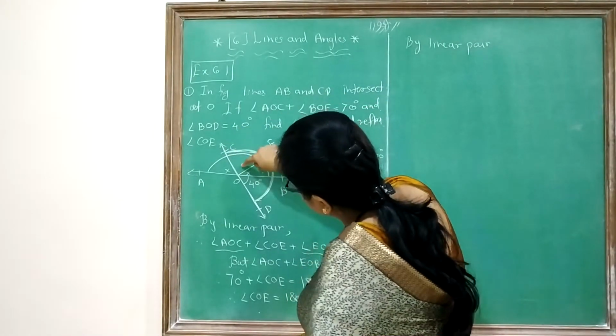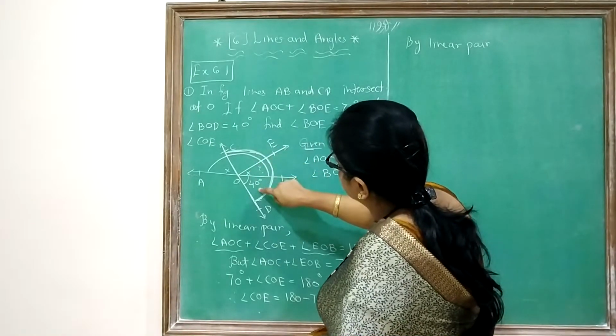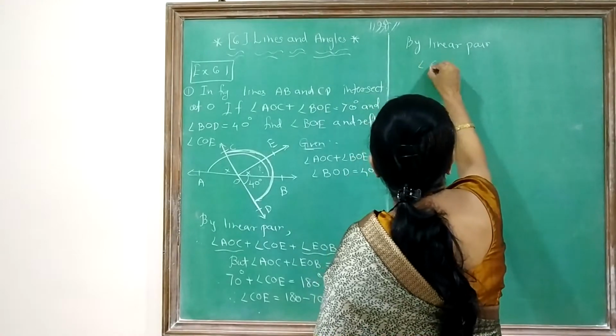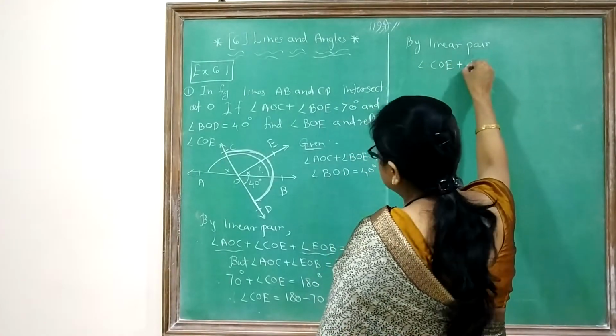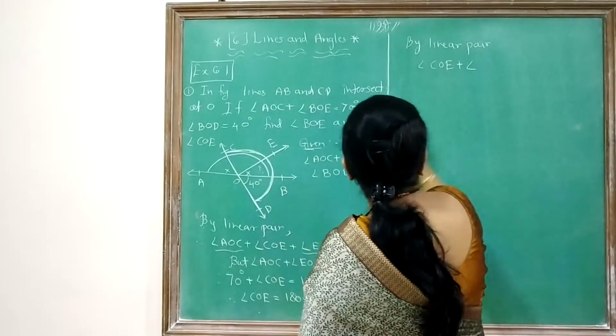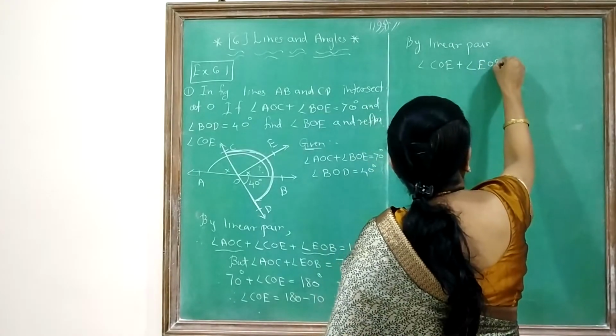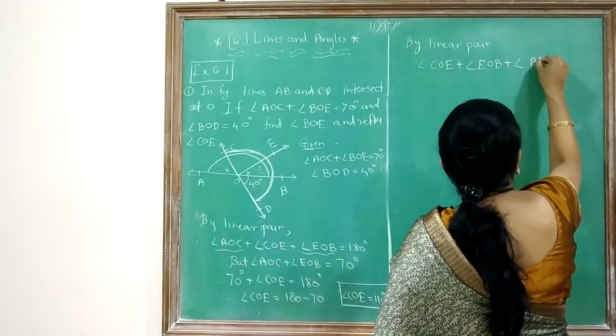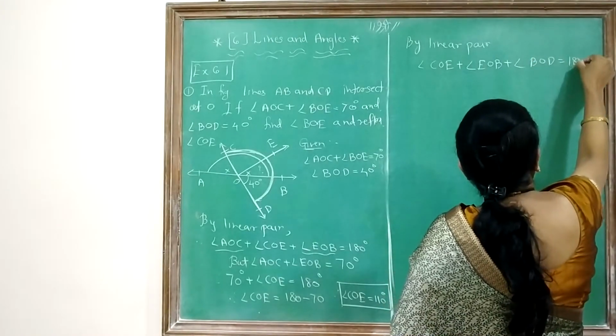Then here first angle, second angle, third angle, means you will write angle COE plus angle EOB plus angle BOD equals 180 degrees.